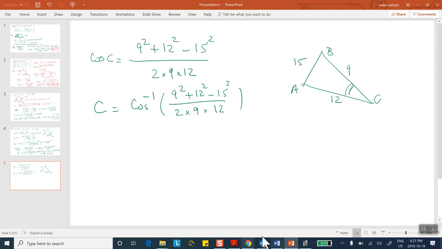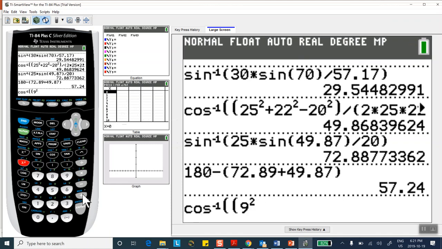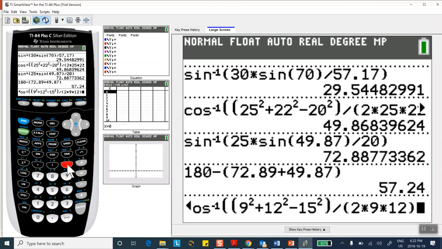Okay, so let me go ahead and do this with a calculator. Second function, parentheses, 9 squared plus 12 squared minus 15 squared, close the parentheses, divided by parentheses, 2 times 9 times 12, and close the parentheses.